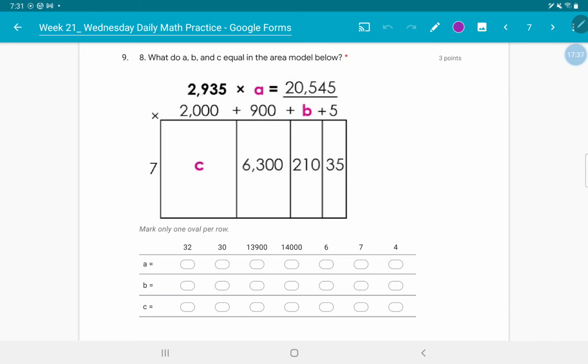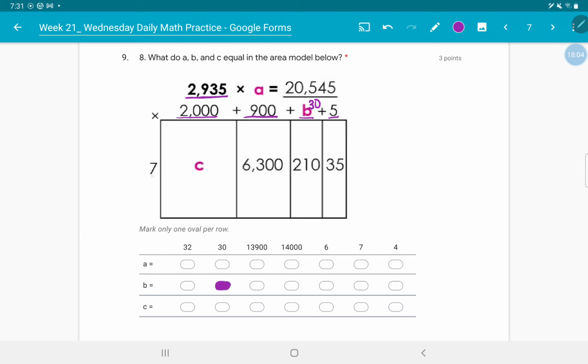So I know that my long side when I set up my area model is going to equal 2,935. Break that into expanded form. 2,000 plus 900 plus 30 plus 5. So B is going to equal 30. Go ahead and mark that.